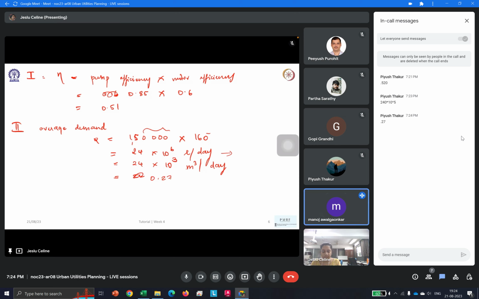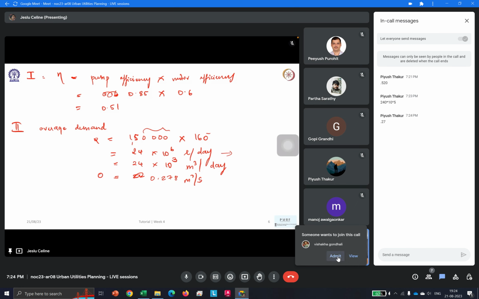Yeah, 0.278 something. So we can take it as 0.27 itself, meter cube per second. Thank you very much. So this is what we're getting as the average demand. Now this is Q.